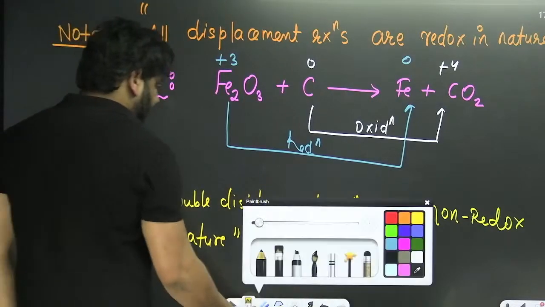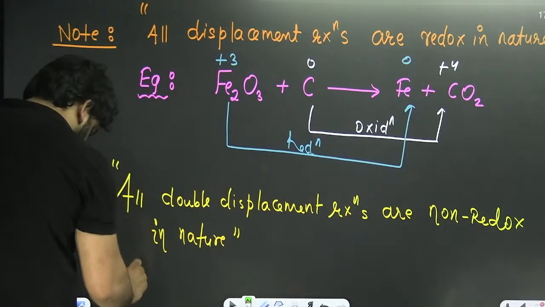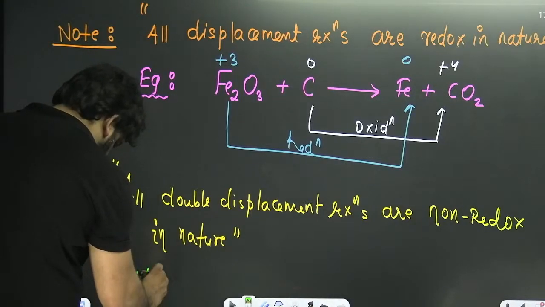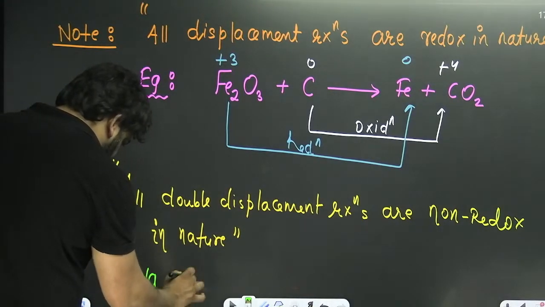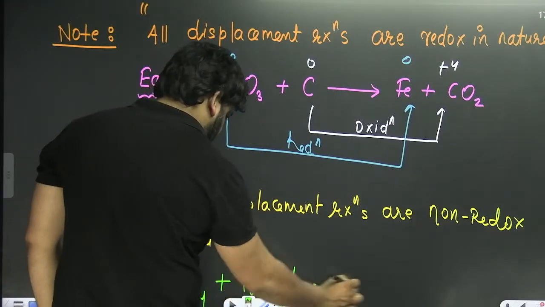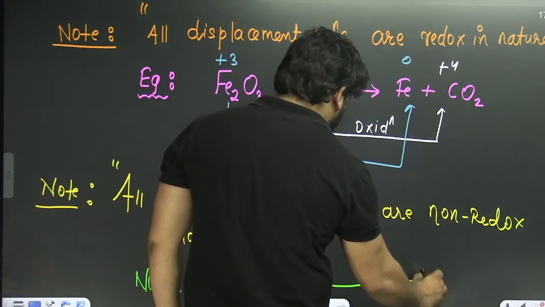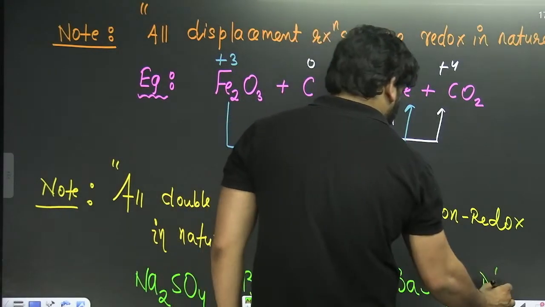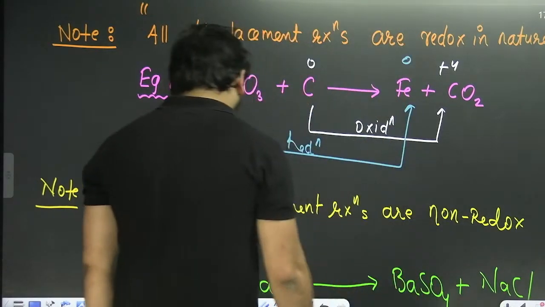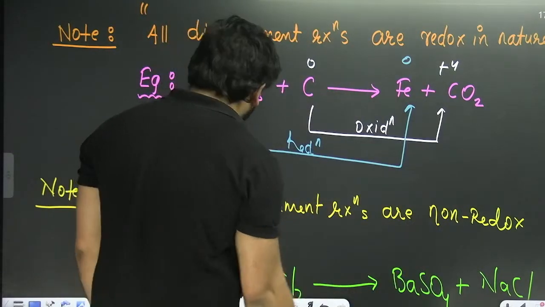How? Let us take one example. The example could be Na2SO4 plus BaCl2 gives BaSO4 plus NaCl. So guys, can you find out the oxidation states here? We all know how to find it out.